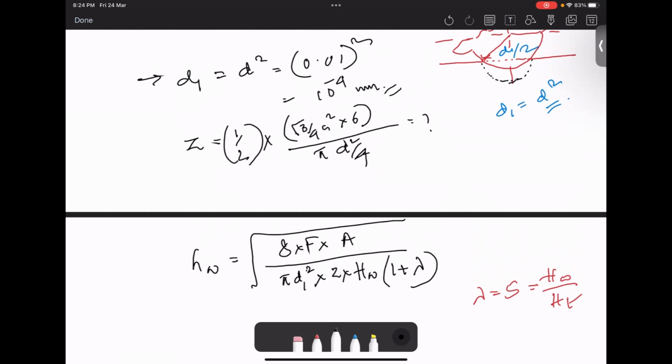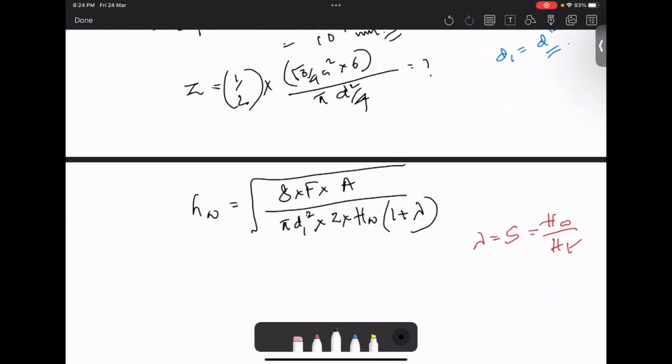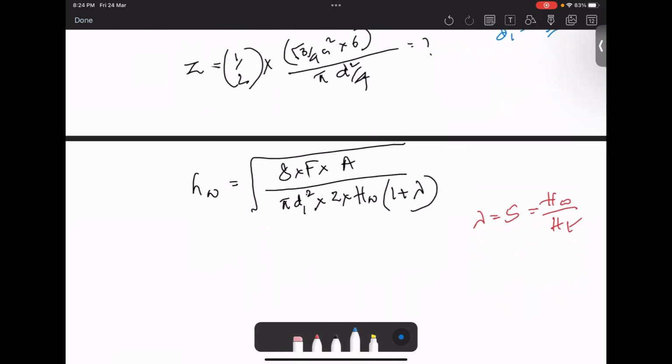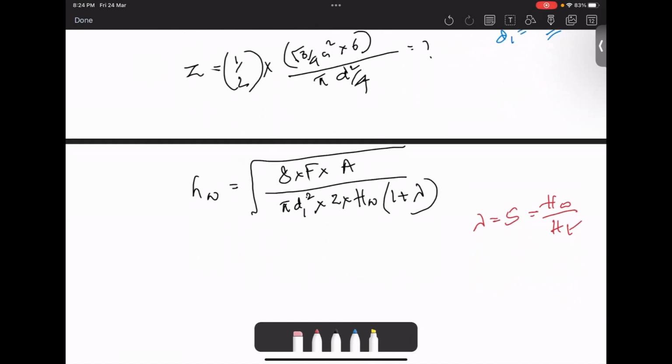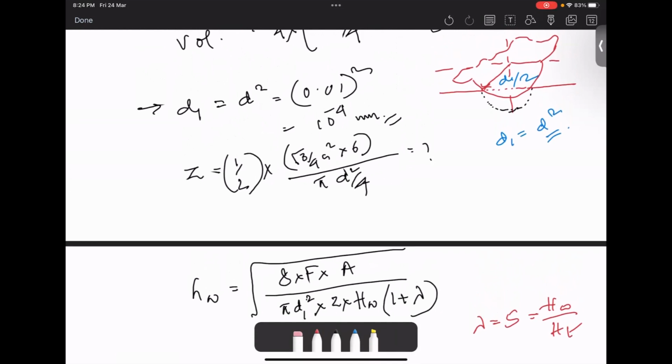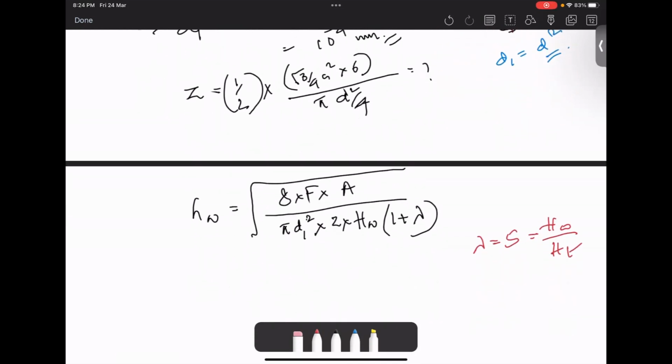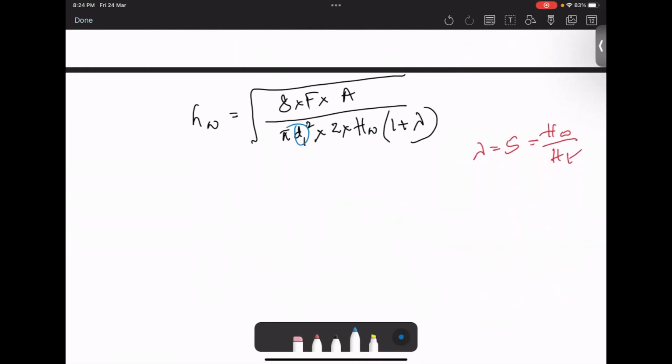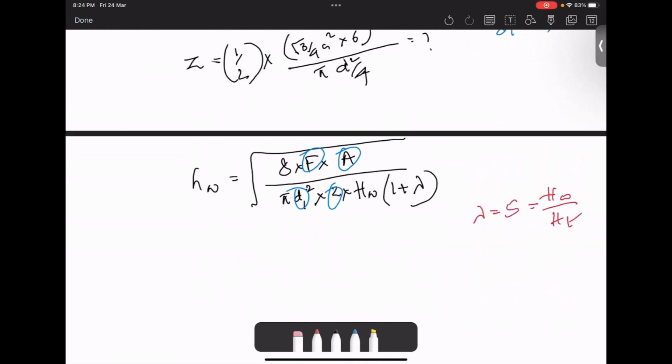You plug in the value of d1 here. The force is given to be 3.5 Newton. The amplitude is given. The Z value we have found out just here.